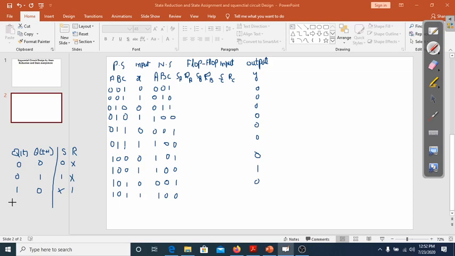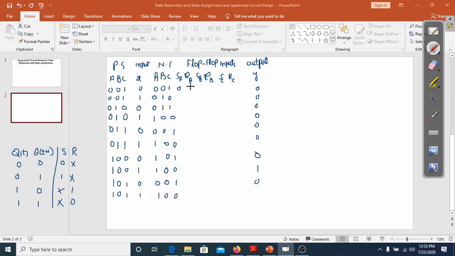When the present state is 1 and next state is 1, set is don't care and reset is 0. So from this excitation table, I will decide the flip-flop inputs. Let's start from A. The present state is 0, next state is 0.